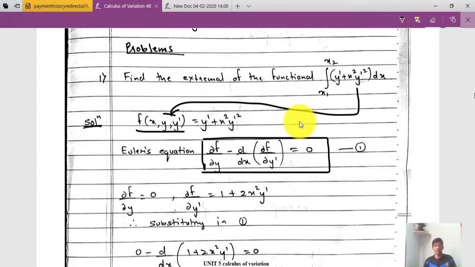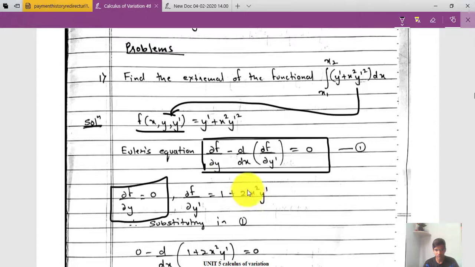Right? So when it is independent of y, ∂f/∂y is equal to 0. Therefore, if I differentiate with respect to what do I require? I require ∂f/∂y'. So if I differentiate this given function with respect to y', it turns out to be 1 here.